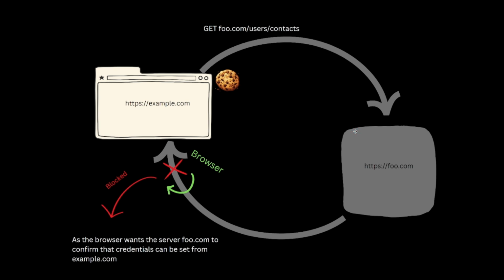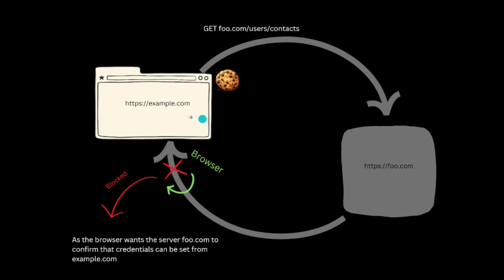So example.com has to send credentials as well to foo.com so it knows from whom the request is coming, and credentials could be a cookie, token, etc. It can be anything, to let the server know where the actual request is coming from and whether it's actually authenticated or not.